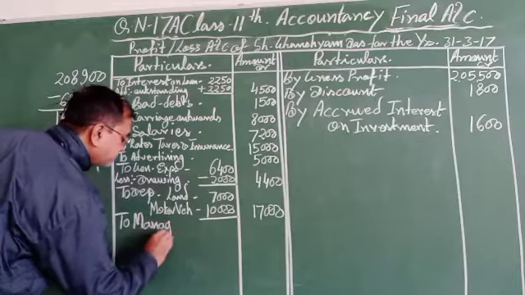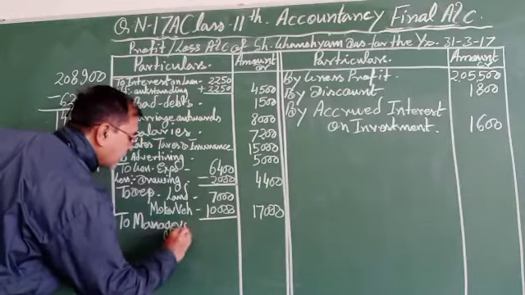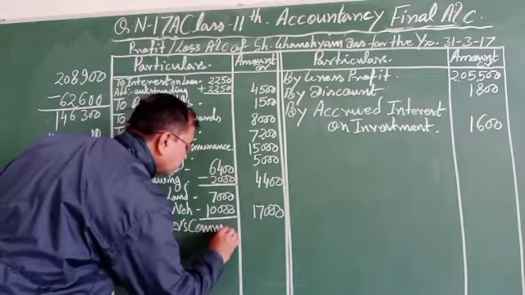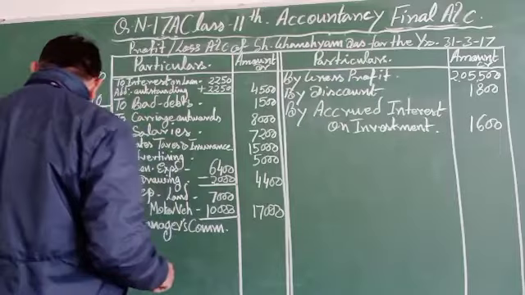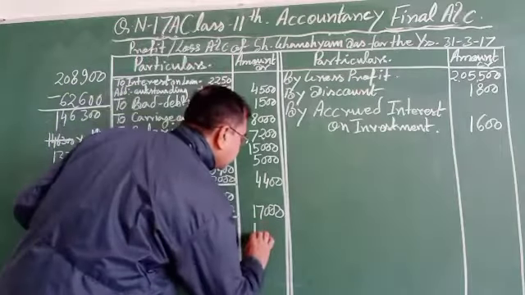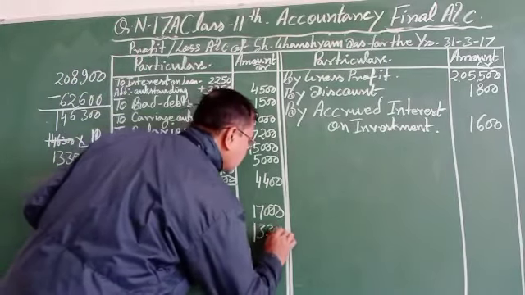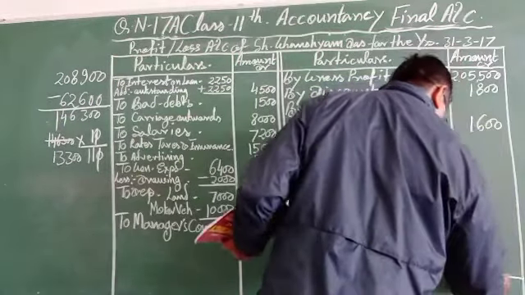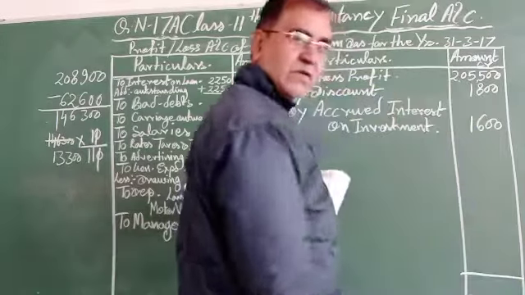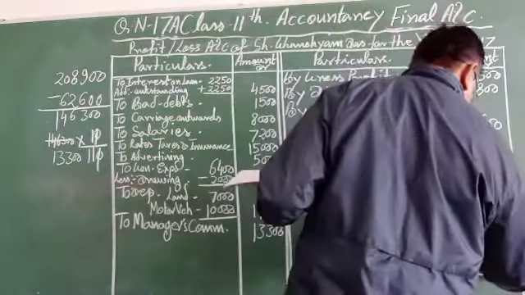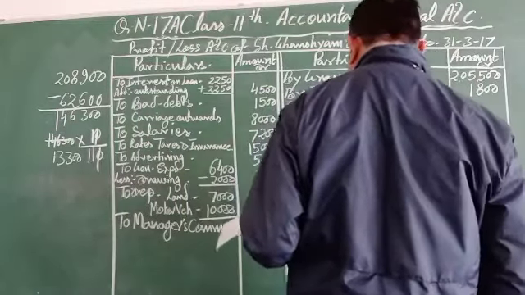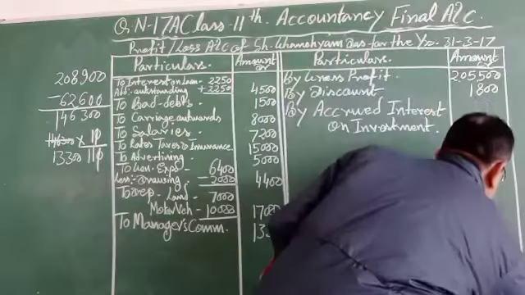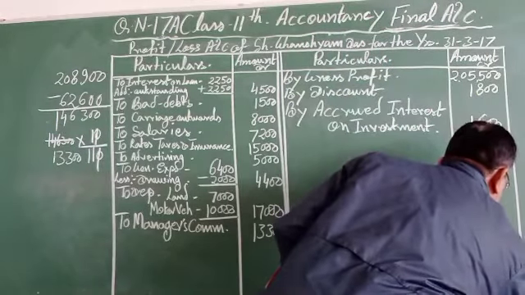So we can write here: to manager's commission. That will be the outstanding manager's commission, 13,300. Then after, here we can write the total of this amount, 2,08,900.